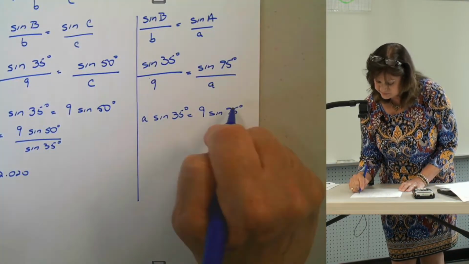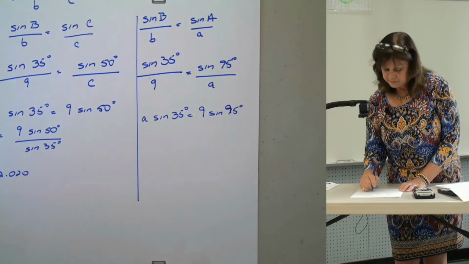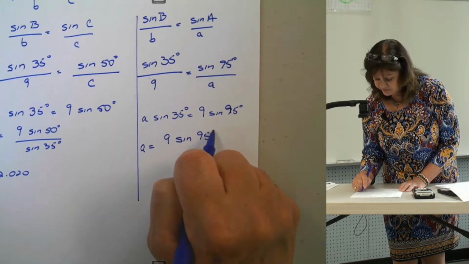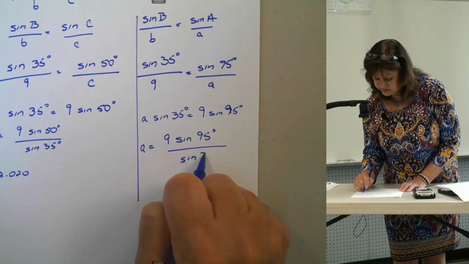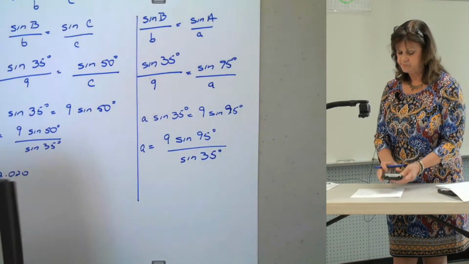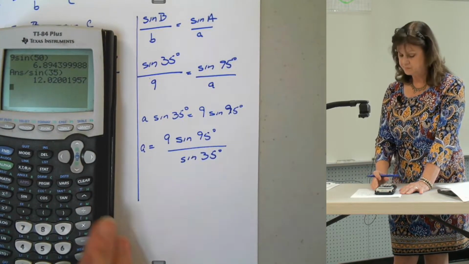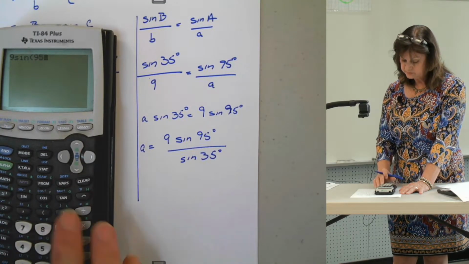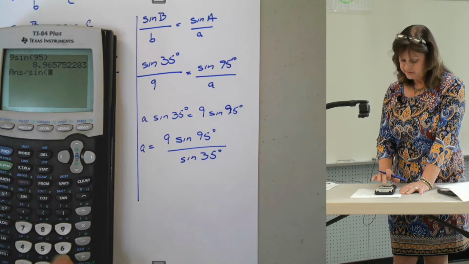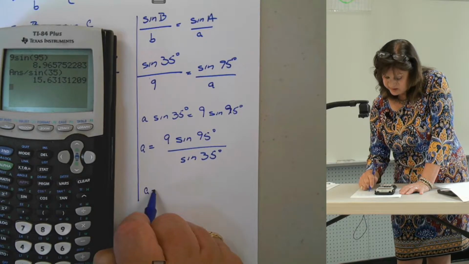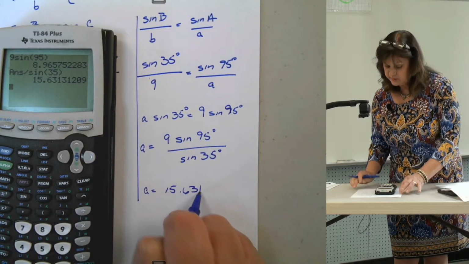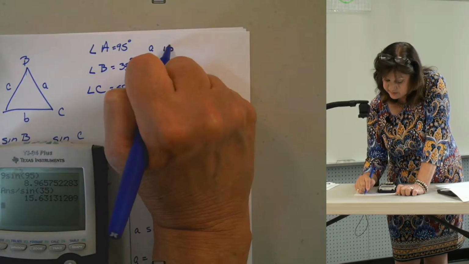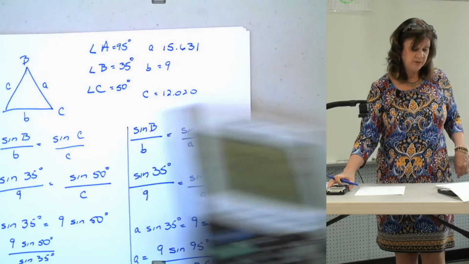That's a 9, not a 7. So the length of side A is 9 times the sine of 95 degrees over the sine of 35 degrees. Okay. So I've got 9 sine 95 divided by sine 35. The length of A is 15.631, keeping in line with what we were expecting. So there you go.